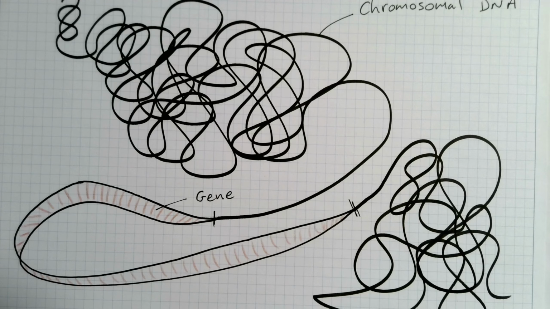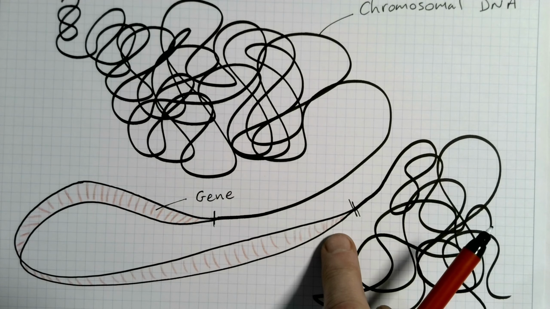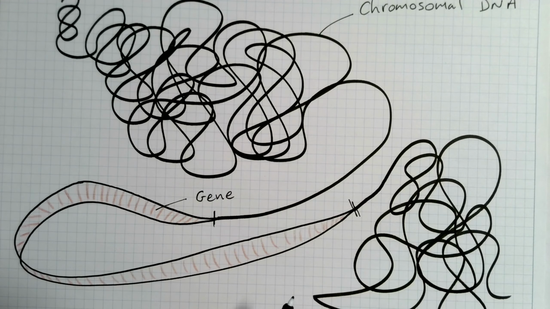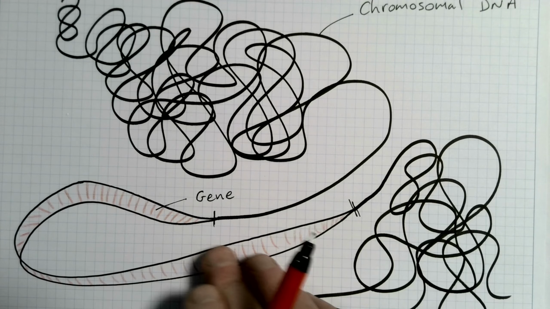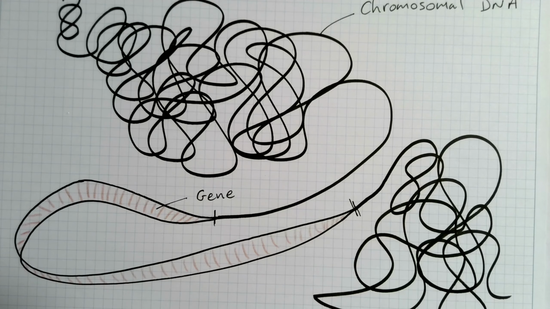So what I would have would be 2 different alleles. When we see the same gene in 2 different forms on different chromosomes, we call them alleles of that gene. And there may be more than one allele of any particular gene, but no individual can have more than 2 alleles because they only have 2 copies of the chromosome.